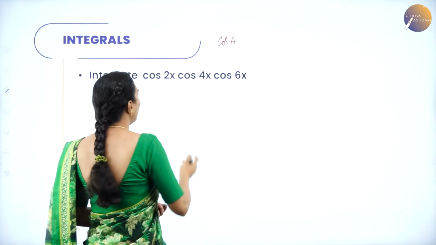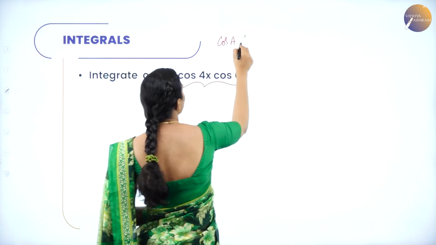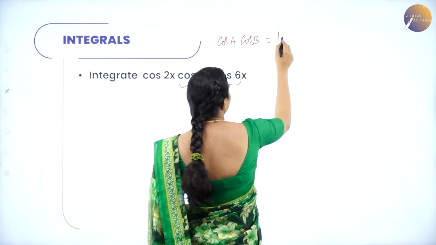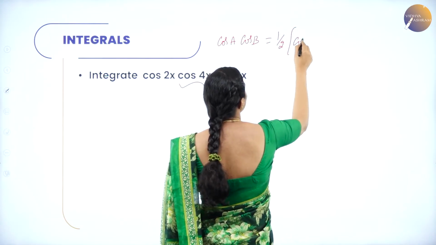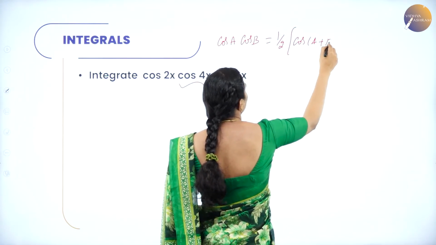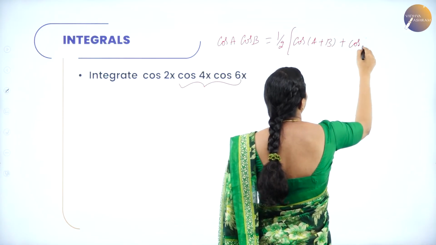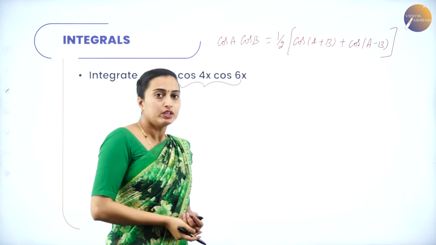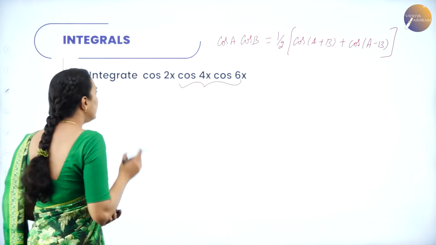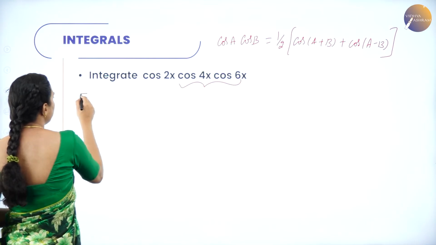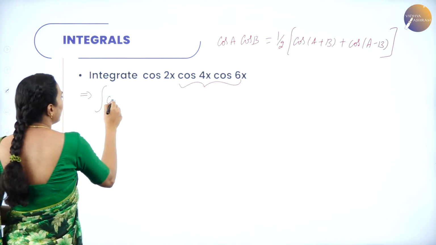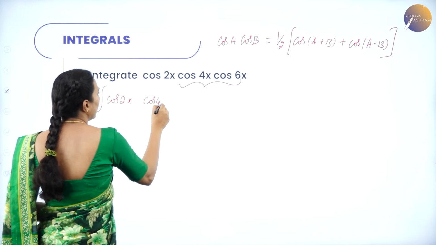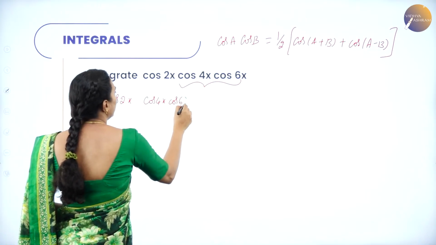So let me take these two only as cos A into cos B, keeping cos 2x as it is, which can be given by the formula half into cos of A plus B plus cos of A minus B, right? So symbolically, you are having integral of cos 2x, grouping this cos 4x and cos 6x, into dx.